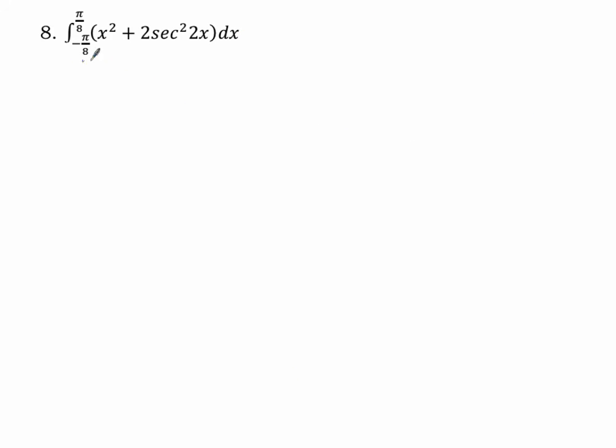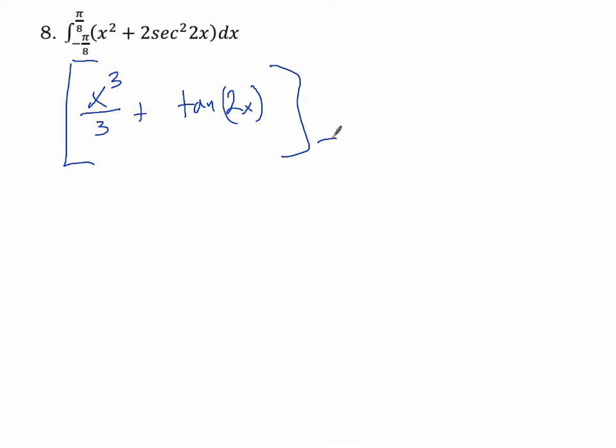Okay, next one we have a trig example. So let's integrate. The first term is easy. It's going to be x cubed over 3. For the second one, we recall the derivative of tangent is secant squared, so that's just going to be tangent. And we have to divide by a 2 because of this one, so it's going to cancel that 2. So it's going to be tangent 2x. And we evaluate this from -pi/8 to pi/8.